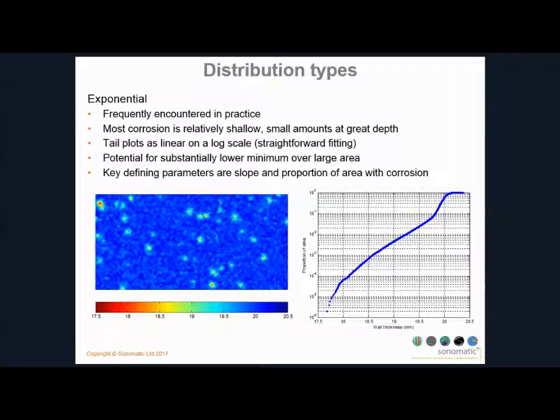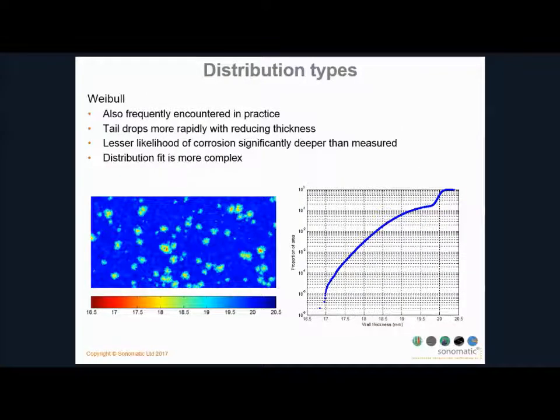That's where the transition point is, and something like that indicates the area affected by corrosion. So the exponential distribution with those two parameters defined will fully describe the tail distribution, and we can make estimates based on that.